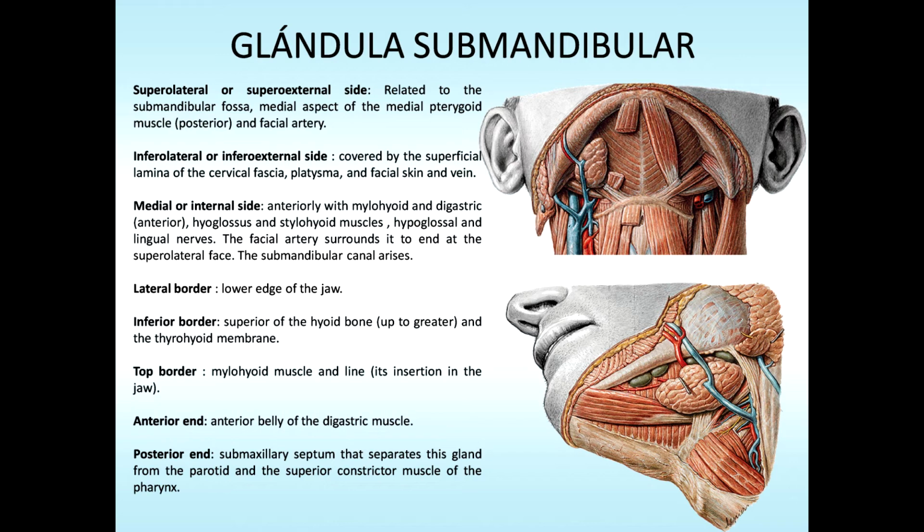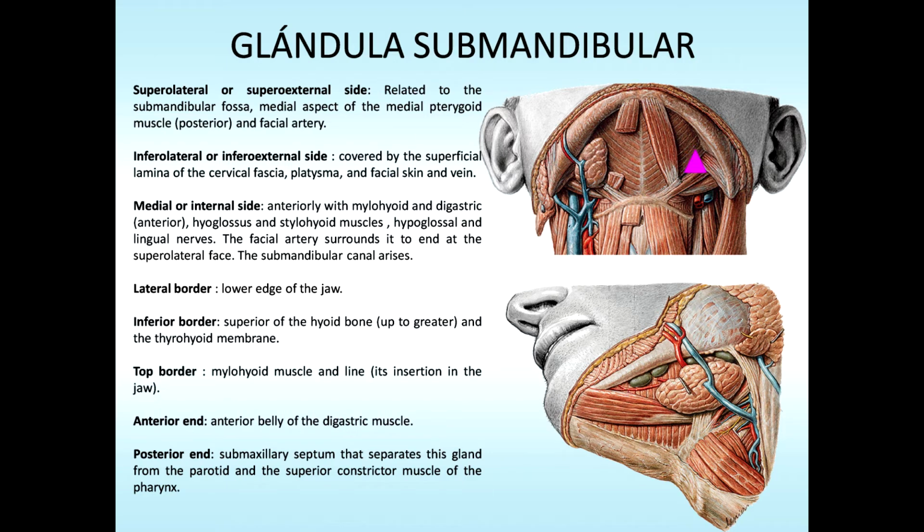The submandibular cell, which is triangular in shape, has three borders. The lateral border will be the lower edge of the jaw. The inferior border will be the superior border of the hyoid bone, actually the greater horn, and the thyrohyoid membrane.